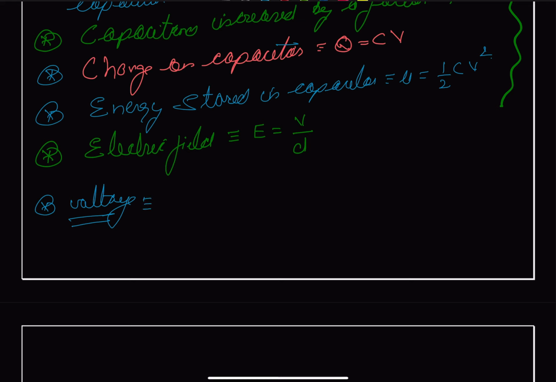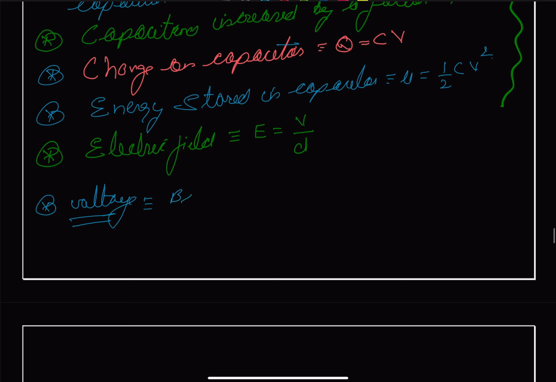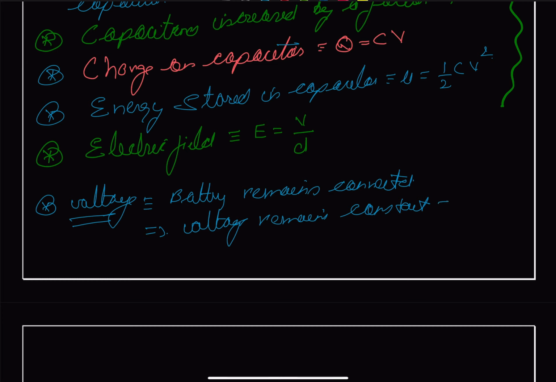The battery remains connected, therefore the voltage remains constant, which basically means that the initial voltage V naught and the final voltage V will be equal.